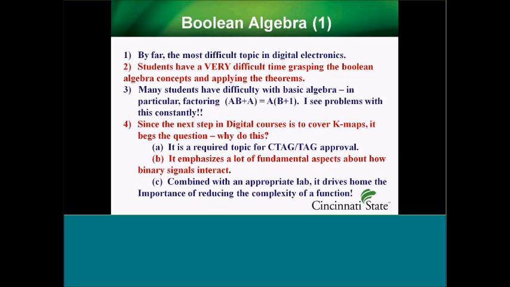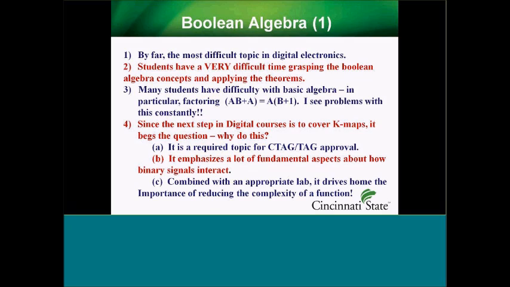But students have a very difficult time grasping Boolean algebra concepts and applying theorems. It's on the level of doing math proofs, to some extent. And just like doing math proofs, you don't get proficiency until you've done a whole bunch of them. You probably can't convince students to work out hundreds of Boolean algebra problems, but I do give them a lot of solved problems and tutorials.